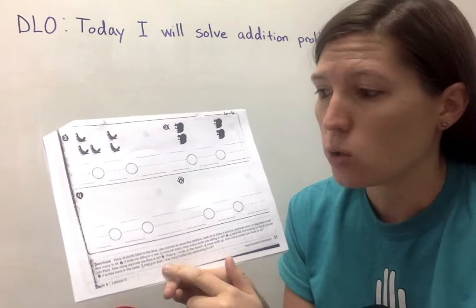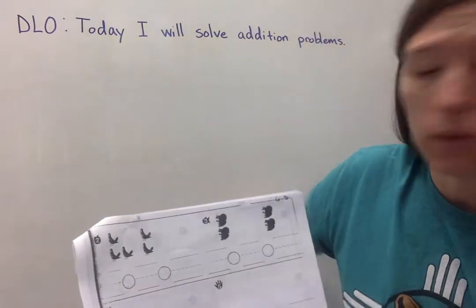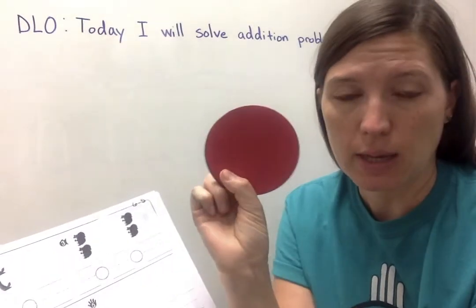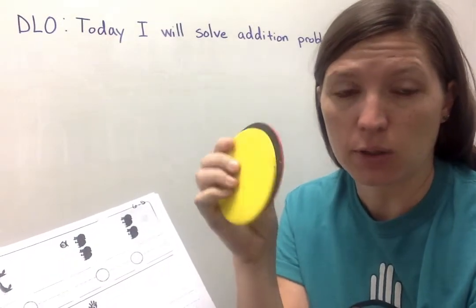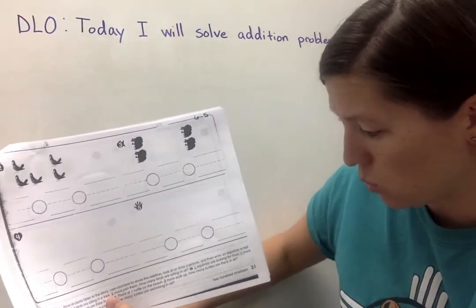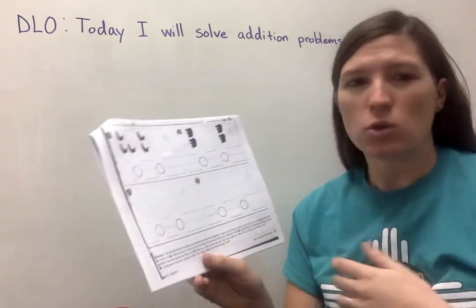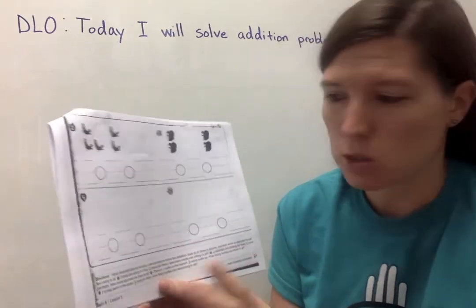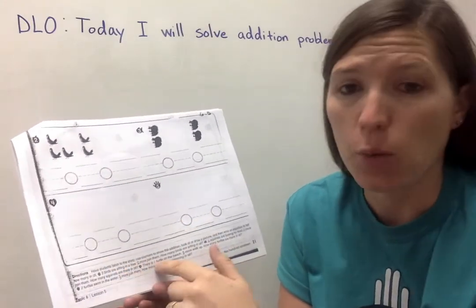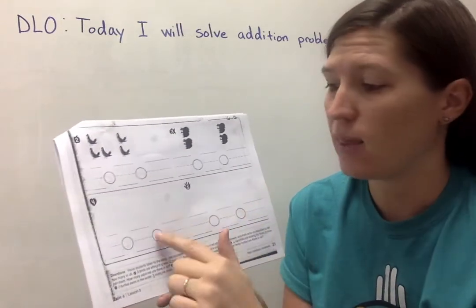I also want you to use your flippy chips, your yellow and red little counters. They will be easiest to use today. You can use the cubes, but just use the flippy chips. It's so much easier. Listen to the story. Listen to how many of each item you have. Build it, and then write your equation.